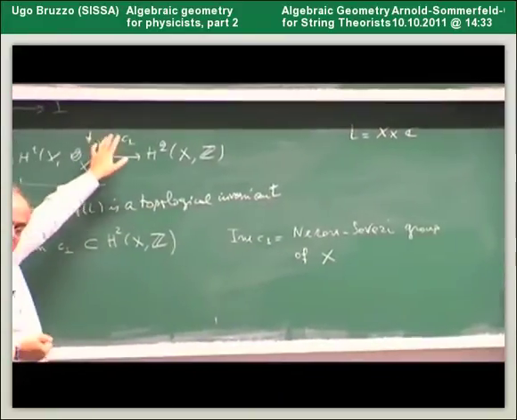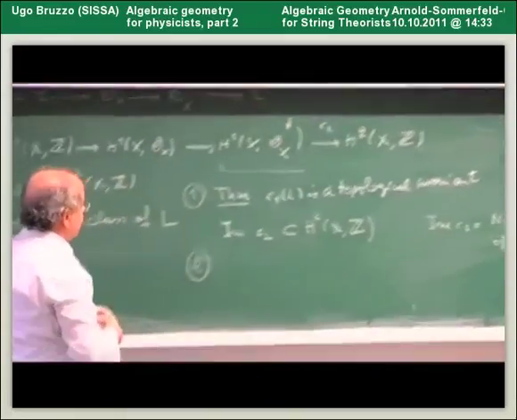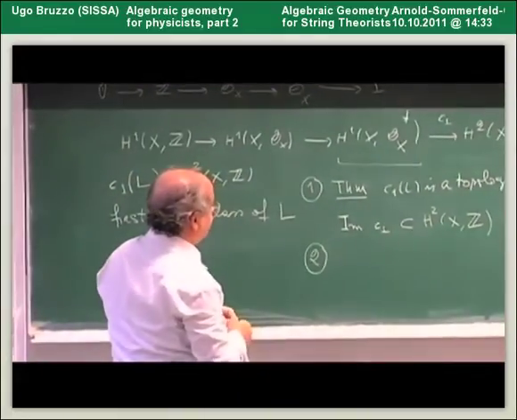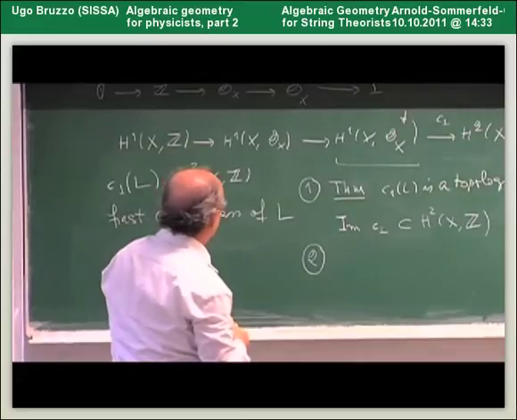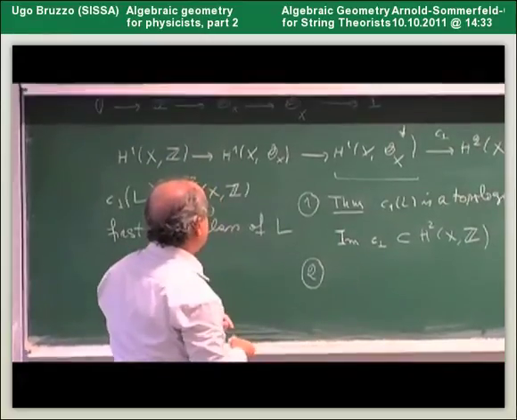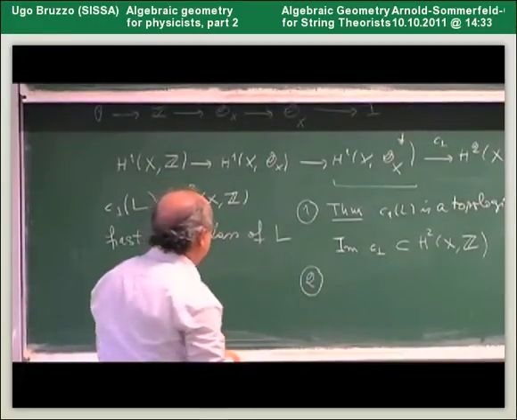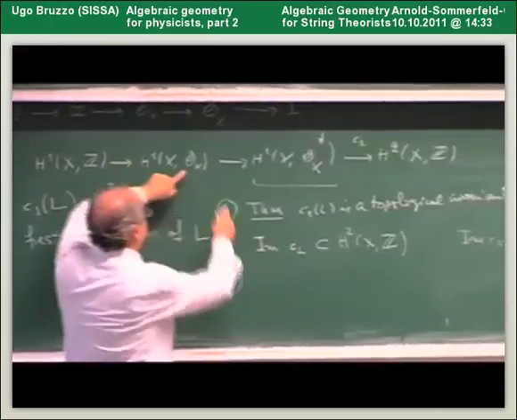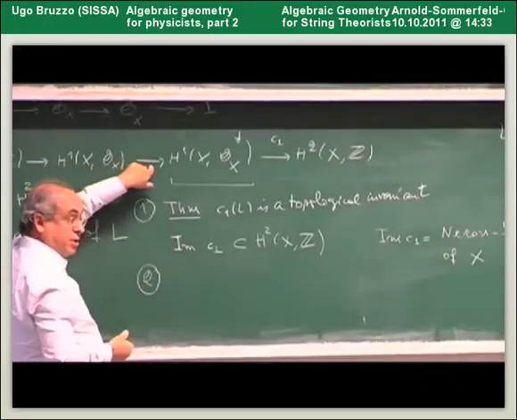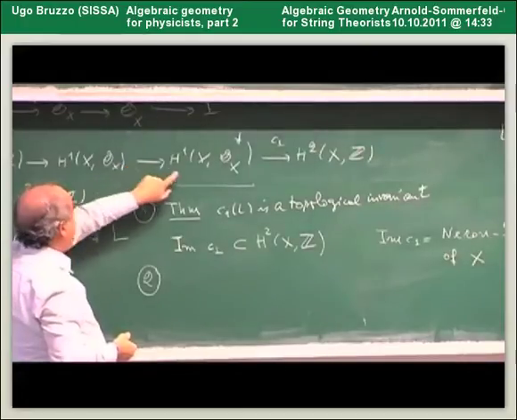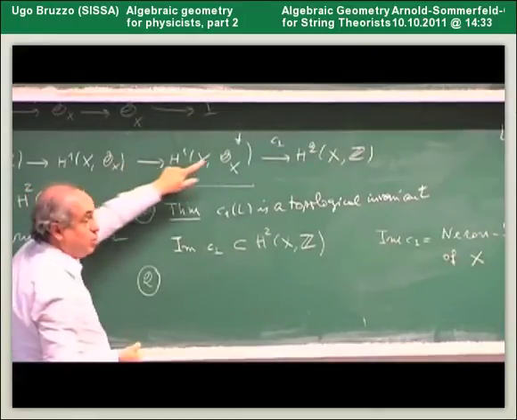Okay, one should prove it, but it's quite reasonable. So the question is, if c1 of L is 0, is the line bundle trivial? And we see that this is not the case because this arrow in general will have non-trivial image. And if something is in the image of this, it will go to 0.